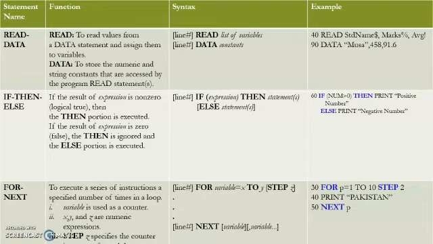So the student name variable will get Musa as a value, the marks integer variable will get 458, and the average variable of single precision type will capture 91.6.